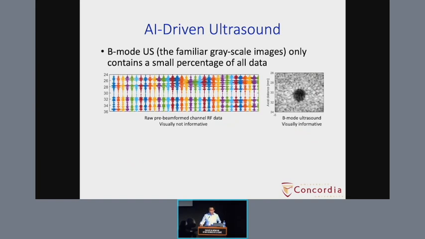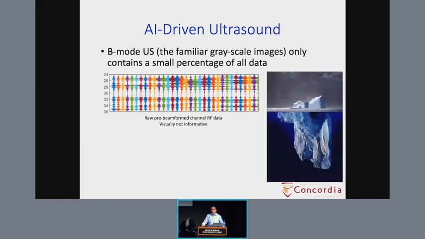So here in the left, we see the raw pre-beamformed channel RF data, which is visually not informative, and therefore is converted to the familiar B-mode scan that we see in the right. But most of the information in the raw data is lost in this conversion, and in fact, we can think of the B-mode image as the tip of the iceberg.